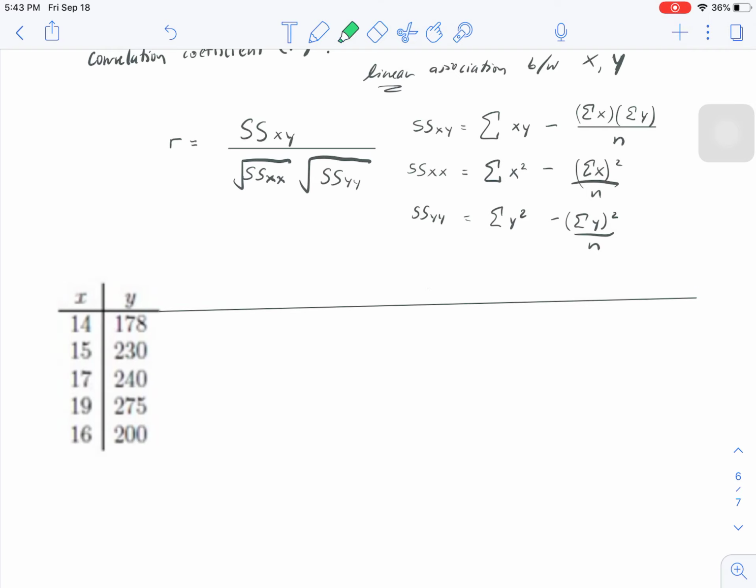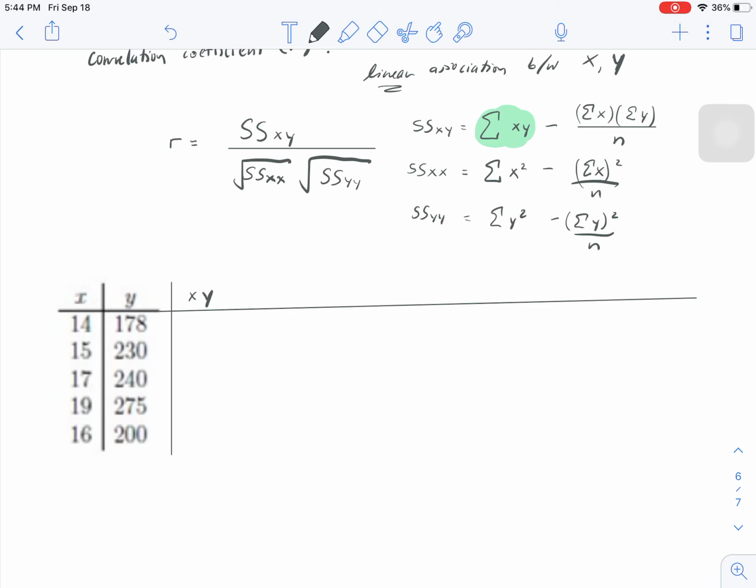Okay, so for example, to calculate the sum of squares for x, y, I first need to find this quantity. I need to, for each row, multiply x and y and add those products up. So I'll add in a column and call it x times y, and I'll just go across and multiply.